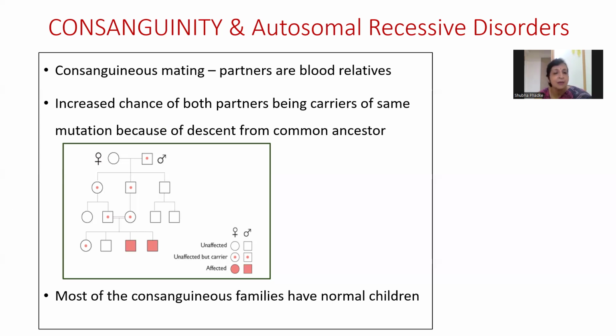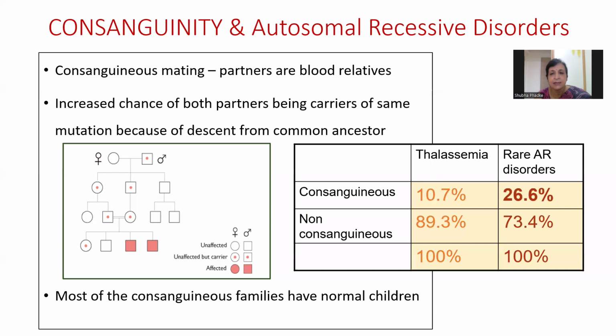So in autosomal recessive diseases, there may be a history of consanguinity in the family, but you also have to remember that in many consanguineous families they have normal children. It is not that if there is consanguinity, the risk of having an autosomal recessive disease is very high. It is just increased by 2 times at the most as compared to the general population without consanguineous marriages. As I told you, serious recessive disorders may occur in consanguineous as well as non-consanguineous marriages.